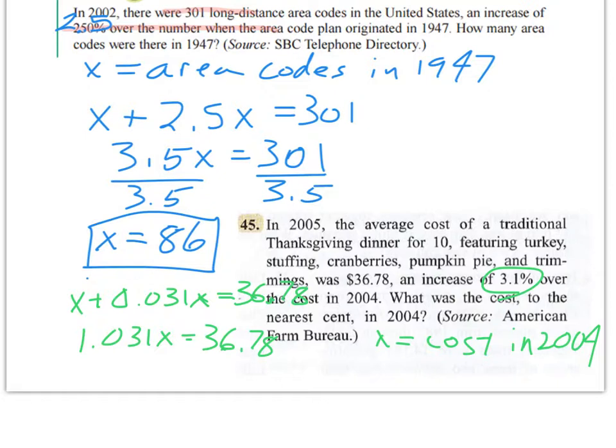Now, this doesn't work out as nicely as the previous one. That's because we're doing averages, making some approximations and some assumptions. So it's not as exact as the area code problem. So you do get a messy decimal. To the nearest cent, it's $35.67.